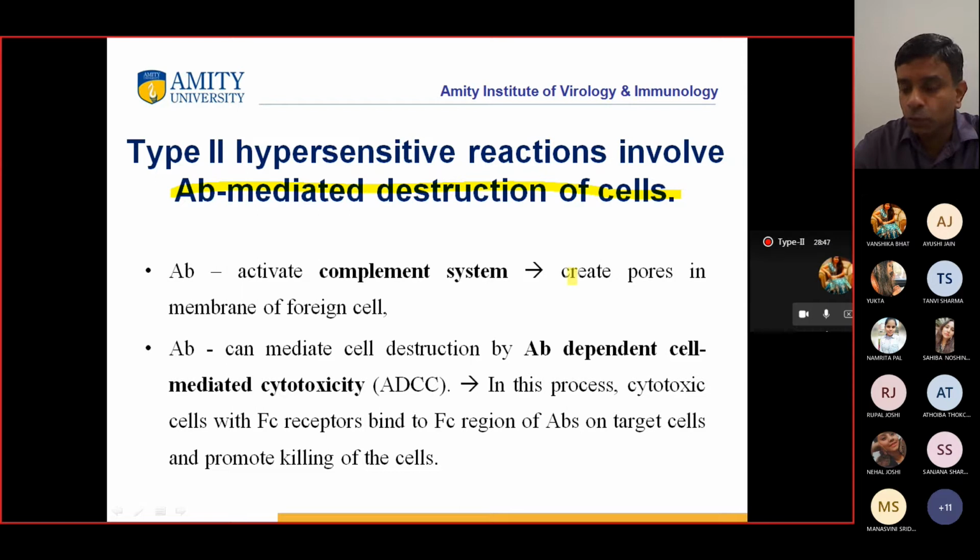And what are those pores called, students? In the complement system, at the end, some pores are formed, right? What are those pores called?